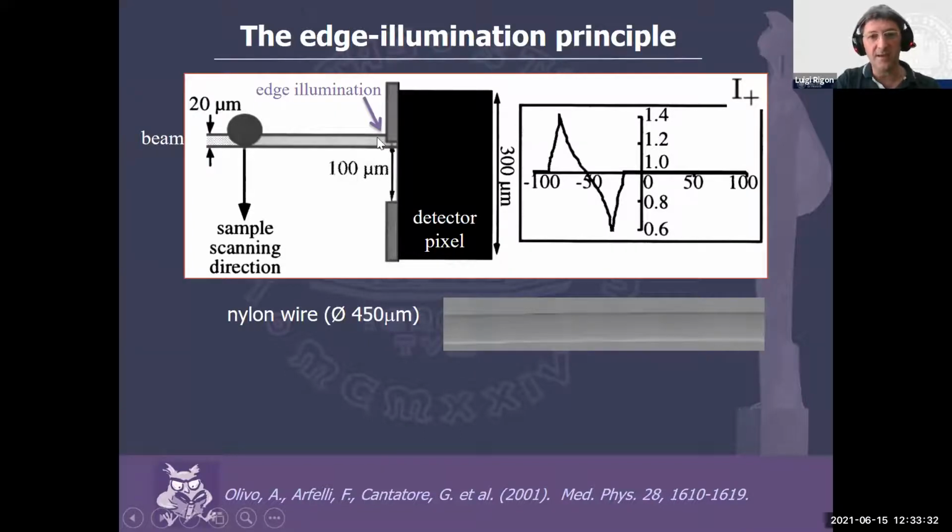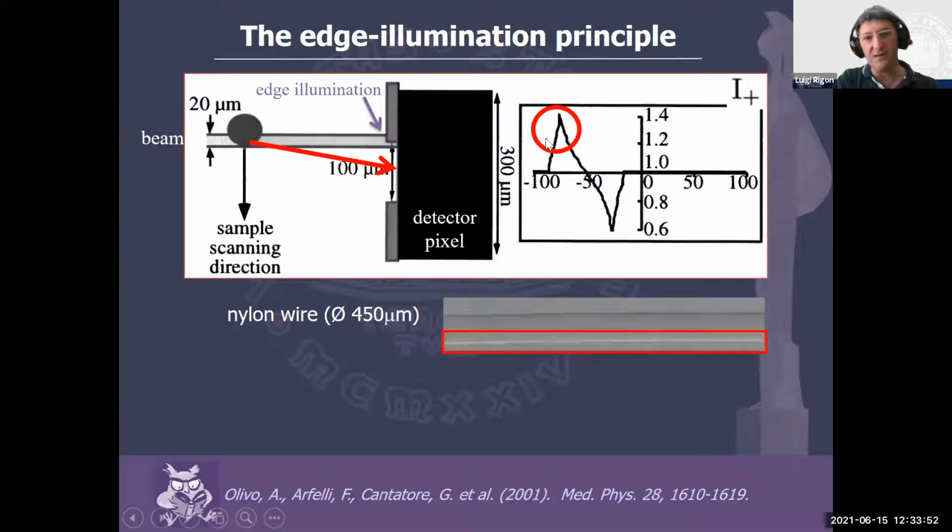Now the beamlet is half in and half out of the detector. But as soon as the object arrives here, this part of the beam that normally would go outside the detector will be refracted inside the detector.